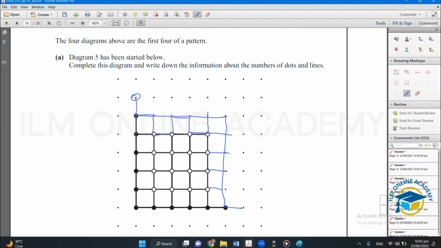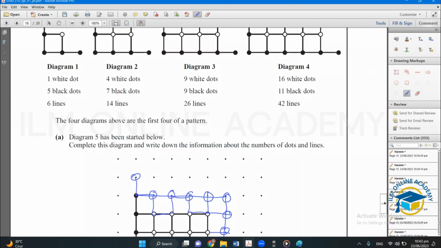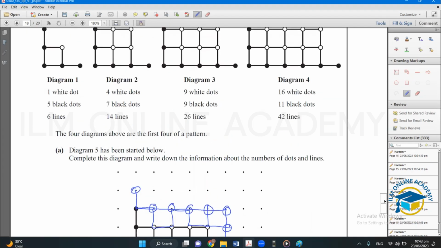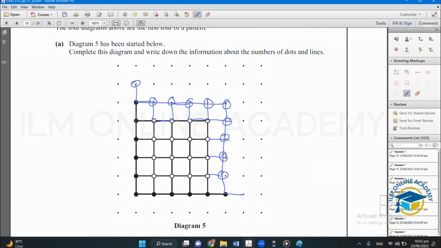See, these are 5. And now from here, okay. So there were already 16 white dots till diagram 4. Okay, 16 and then 17, 18, 19, 20, 21, 22, 23, 24, 25.